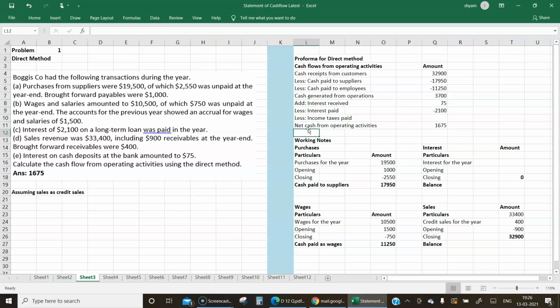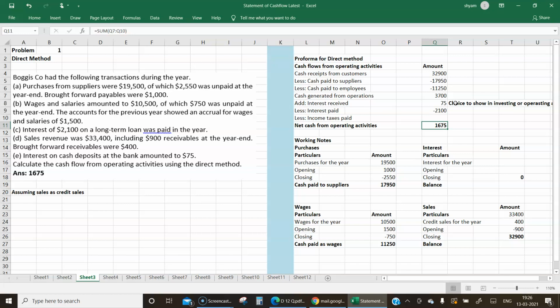So you got your number. That's about the net cash flow from operating activities. Here you have a choice to show in investing or operating activity, so we have shown it here. So that's about the sum here.